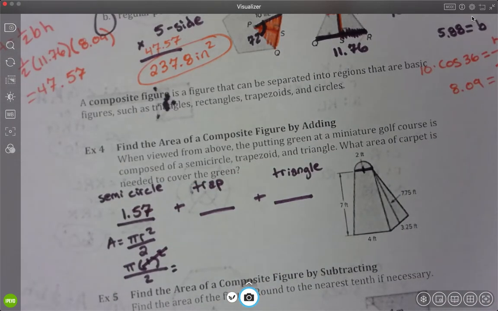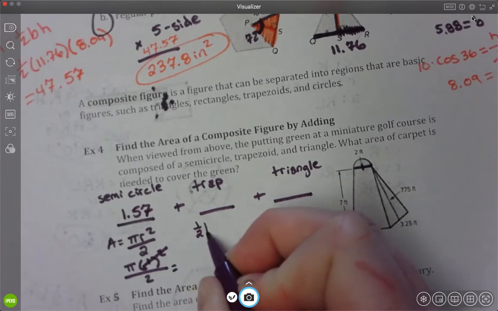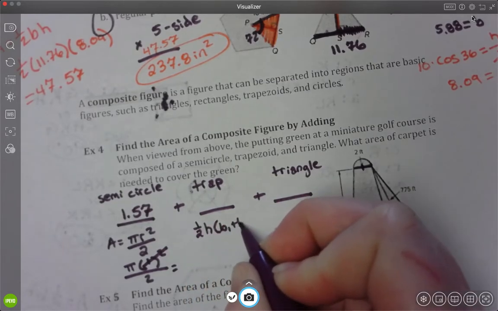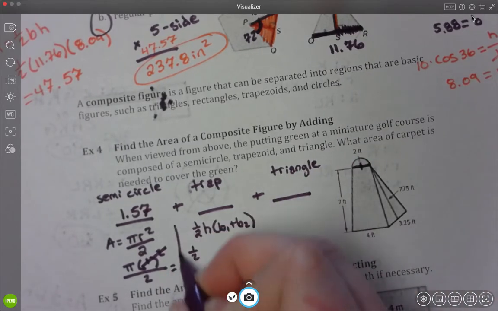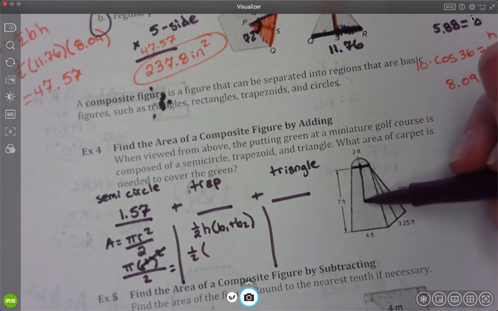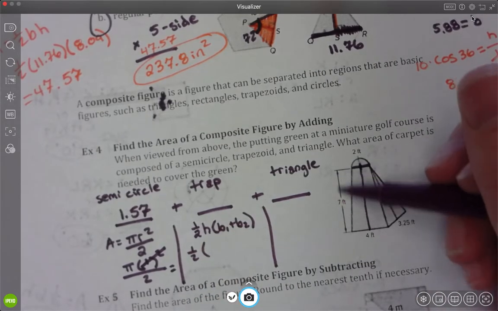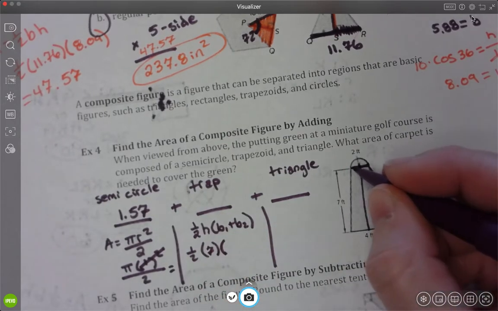The trapezoid, the formula for trapezoid is 1/2 the height times base 1 plus base 2, okay? So I'm just going to plug my numbers in there. 1/2 the height here, from here to here, that height is 7. They have it listed out over here. So the height is 7. Base 1, one of my bases is 2.